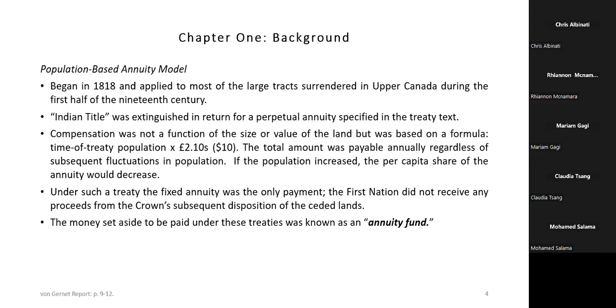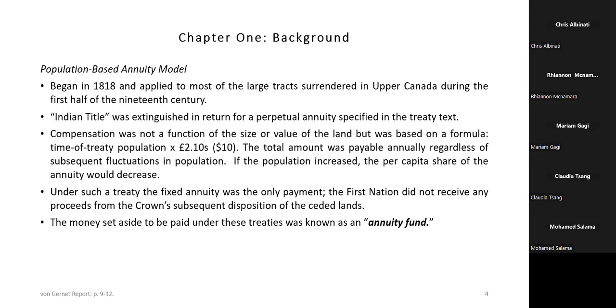And so it was a set amount, so much so that this set amount continued to be paid without increase or decrease every single year, year after year, for decades and decades, until it was eventually capitalized in 1869.